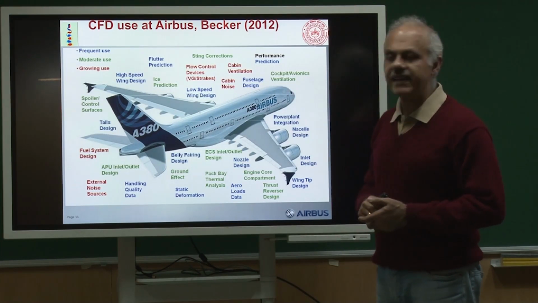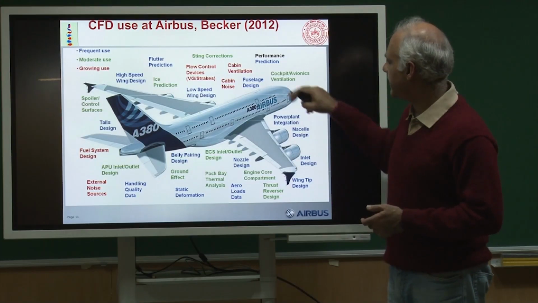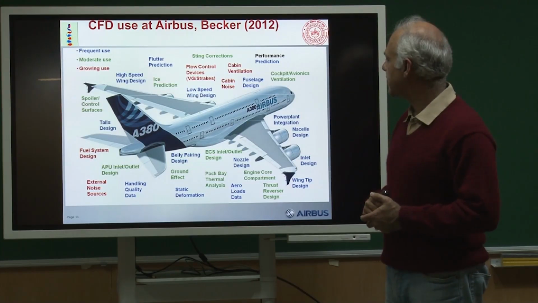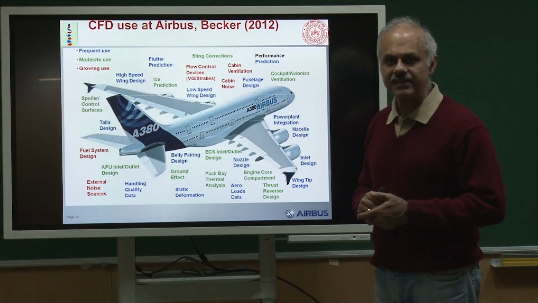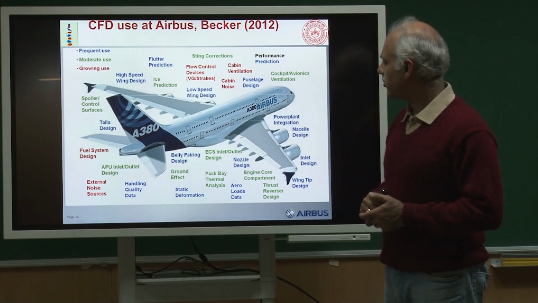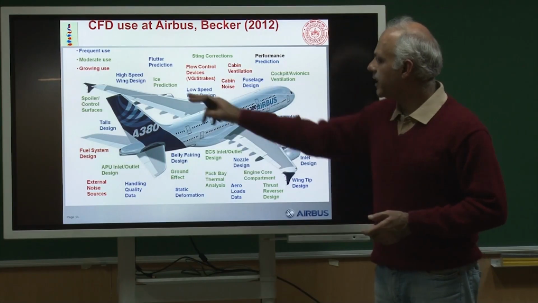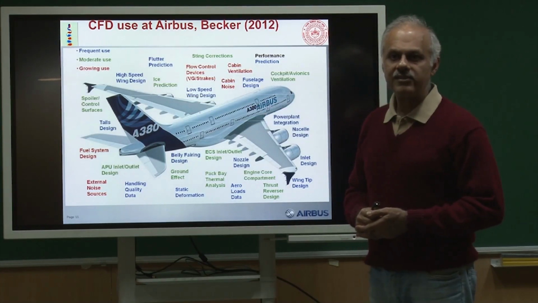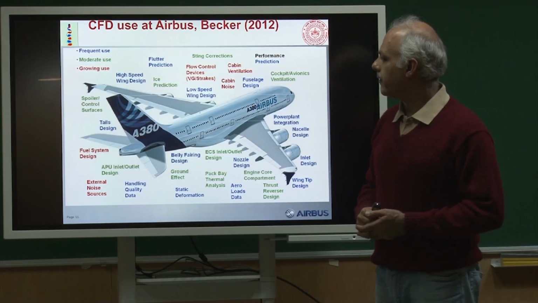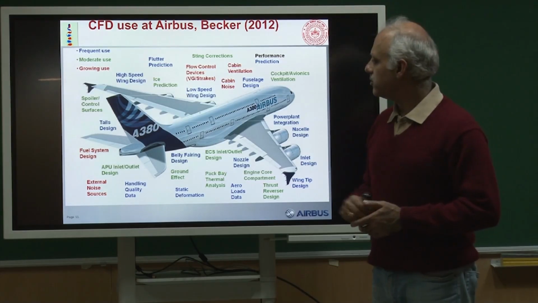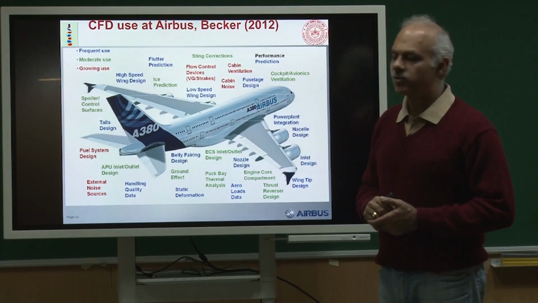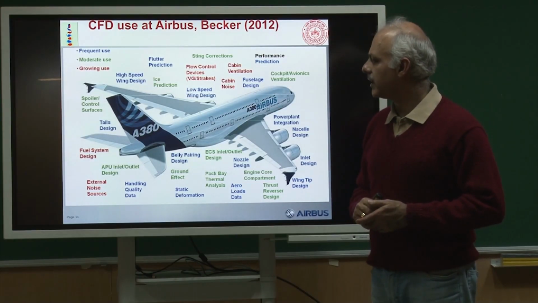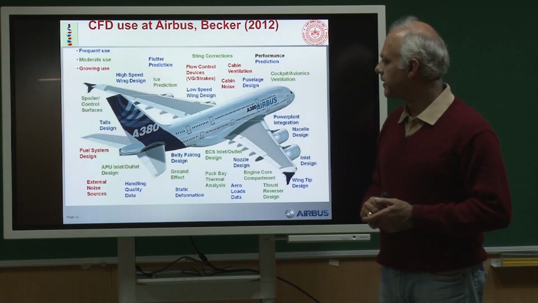Then things like ventilation, okay, inside the cabin, and of course inside the cockpit, and sometimes the electronics generate a lot of heat, so cooling that down. Ice prediction, for example, as you know, as you go to higher altitude, you could get ice formation on the wing, and that could lead to deterioration of the performance of the aerodynamics.